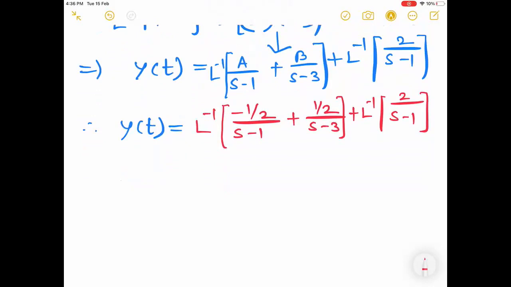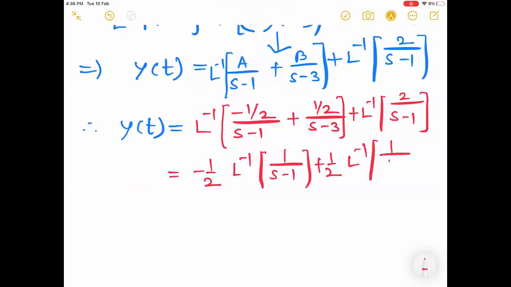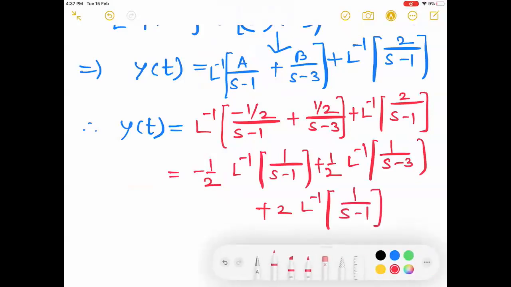And that gives me minus half into inverse transform of 1 upon s minus 1, plus half into inverse transform of 1 upon s minus 3, plus 2 into inverse transform of 1 upon s minus 1. The very simple standard formula is there which you have to use on the right hand side.